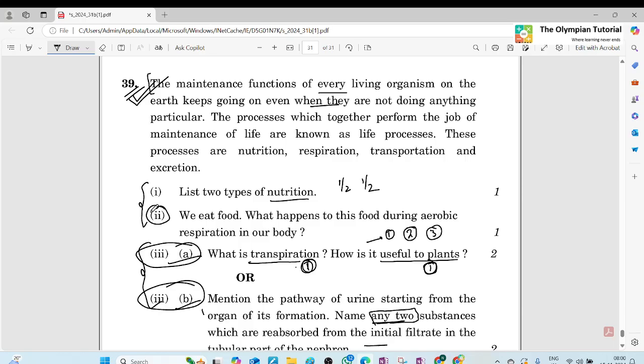We eat food. What happens to this food during aerobic respiration in our body? Ma'am, the food is digested first and then the energy is absorbed during aerobic respiration. Ayukta, will you tell about this one?